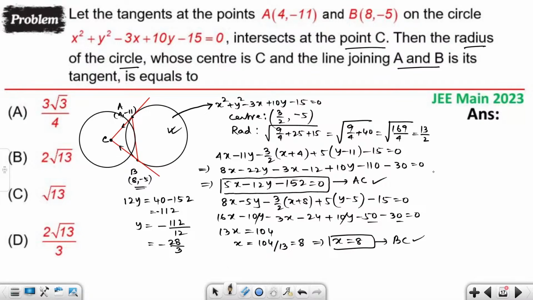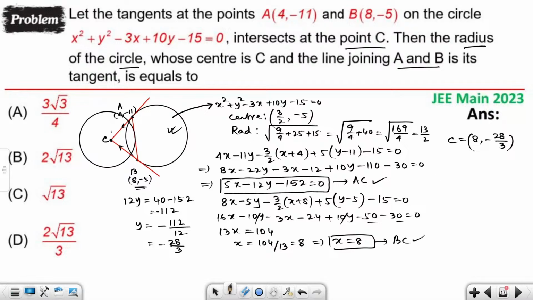Therefore, the coordinate of C is 8, minus 28 over 3. That's the center of the formed circle whose center is at C.